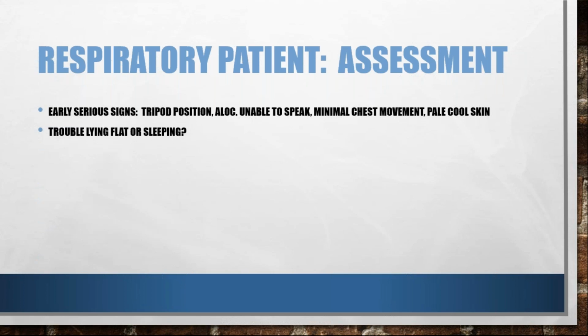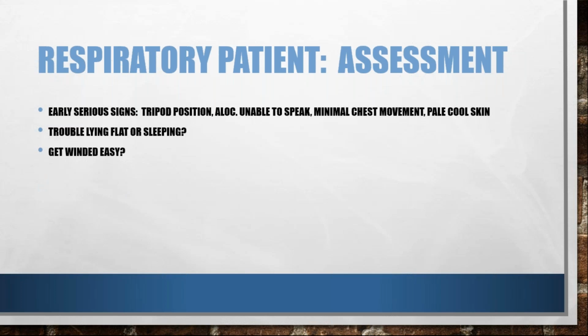So some good questions that we can ask this individual. So they're complaining of difficulty breathing. I may ask them if that difficulty breathing gets worse if they lie flat or if they're trying to sleep. And so what this could pinpoint is if they have fluid buildup inside their lungs. Next, do they get winded easy?